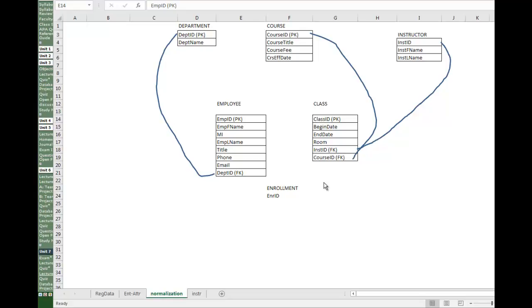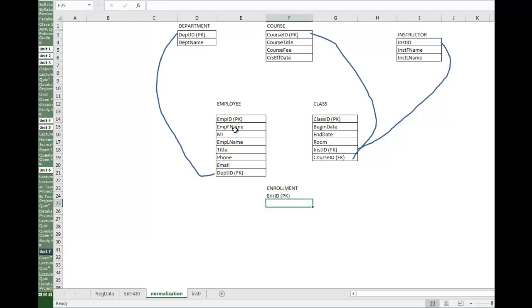This enrollment table will store data about employees' enrollment in classes. So for the enrollment, you will have an enrollment ID. Obviously, for each table you have to have a primary key, so this will become the primary key for this table.